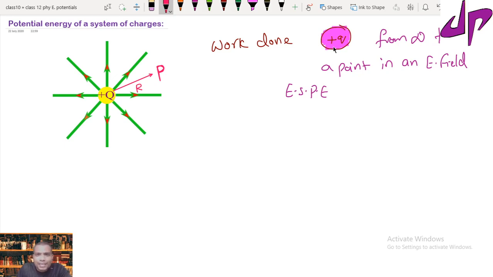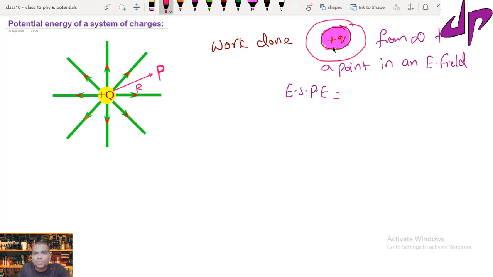For that I need the help of a test charge, here plus little q. Now this test charge I have to bring from infinity, according to the definition: the work done by me to bring this test charge from infinity to a point P within the electric field.